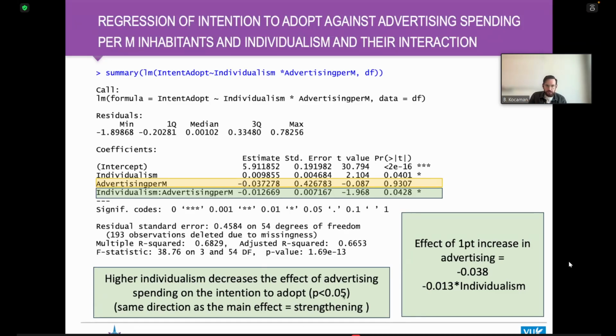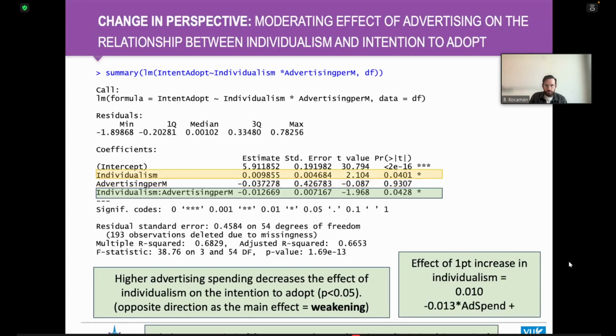We don't necessarily care much about significance when we look at the direction of the main effect, and we see that both the moderation effect and the main effect are on the same side. This then means a strengthening effect, as we have seen. A 1 point increase in advertising leads to 0.038 minus 0.013 times the level of individualism in the country that you're interested in.